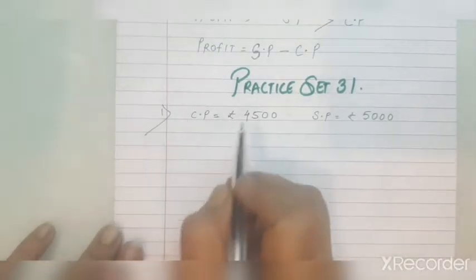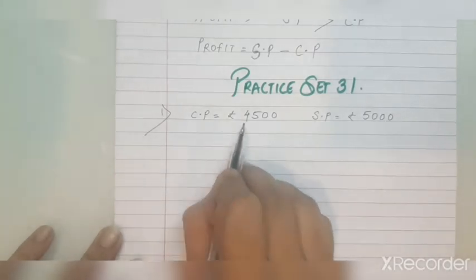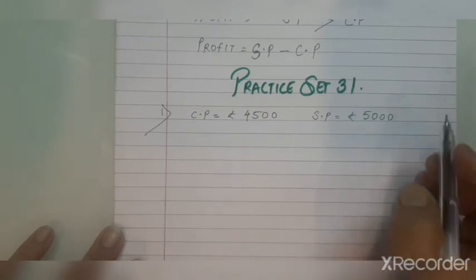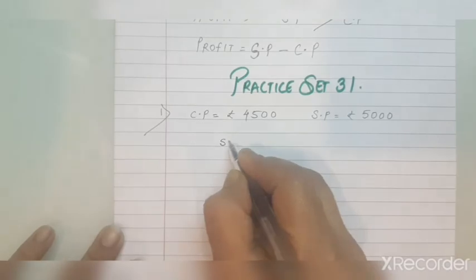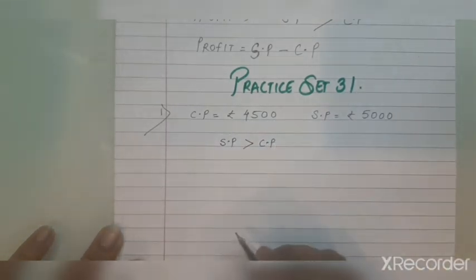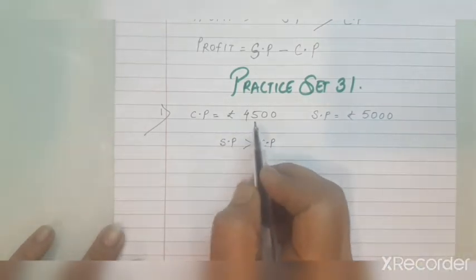So the first sum in practice set 31: in the table the cost price is given as 4,500, and the selling price is given as 5,000. Now here we will see that the selling price is greater than the cost price. Selling price is 5,000, cost price is 4,500.